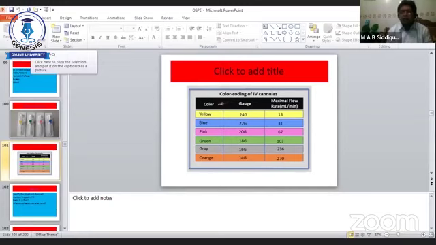This is the 18G, and the diameter is more than the 20G, and the maximum flow rate is 103 ml per minute. Gray and orange are also there. But the most commonly used cannulas in hospital wards are pink and green, that is 20G and 18G.